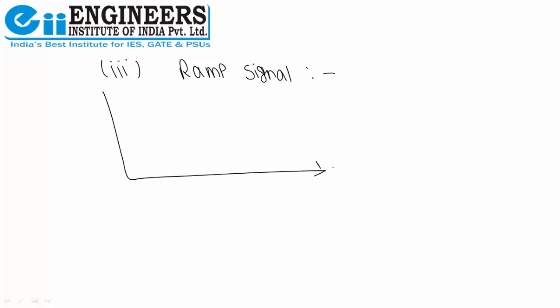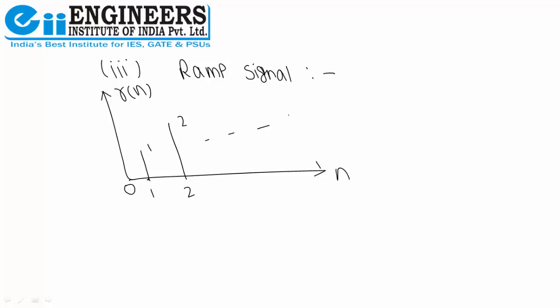Now the third signal is the ramp signal. The ramp signal is also the same as the continuous time ramp signal. If I define the discrete time ramp signal, it will be r[n], and at 0 it will be 0, at 1 it will be 1, at 2 it will be 2, and so on.